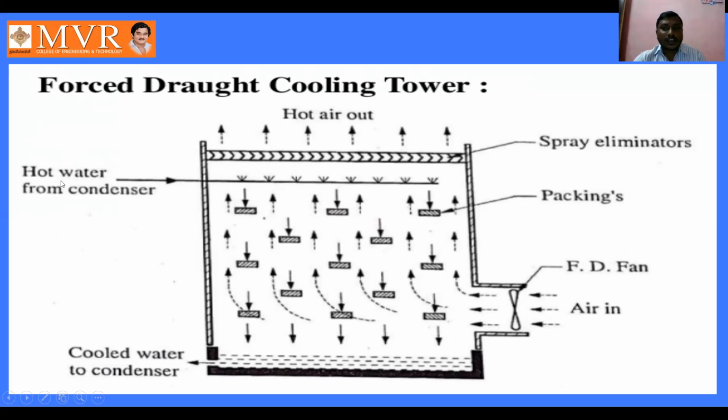The same procedure applies for both natural and forced draft cooling towers. The hot water comes from the condenser, and is sprayed into the cooling tower, and from the atmosphere the air is sucked in by this FD fan, and the air enters into the cooling tower and rises up.